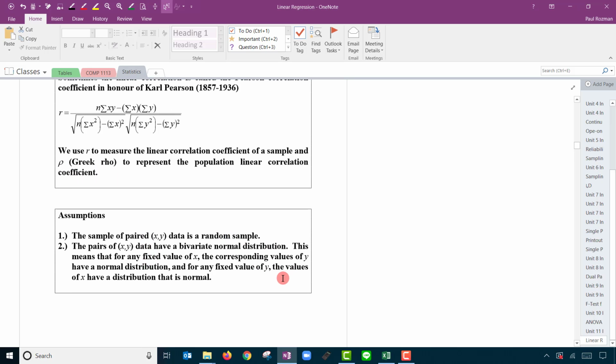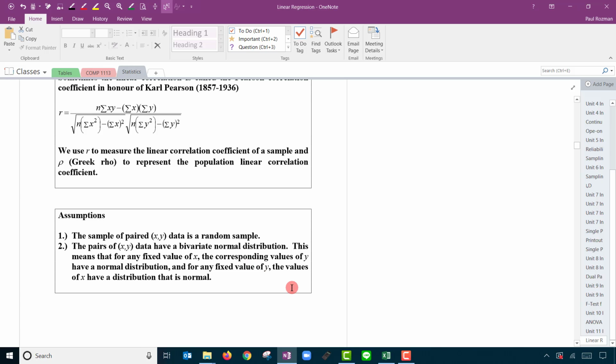So what will be the assumptions to use such a formula? We need paired data, which is randomly chosen, and we need to have a bivariate normal distribution. That means that for each x, if you collect a bunch of y readings, the y values would follow a normal distribution.